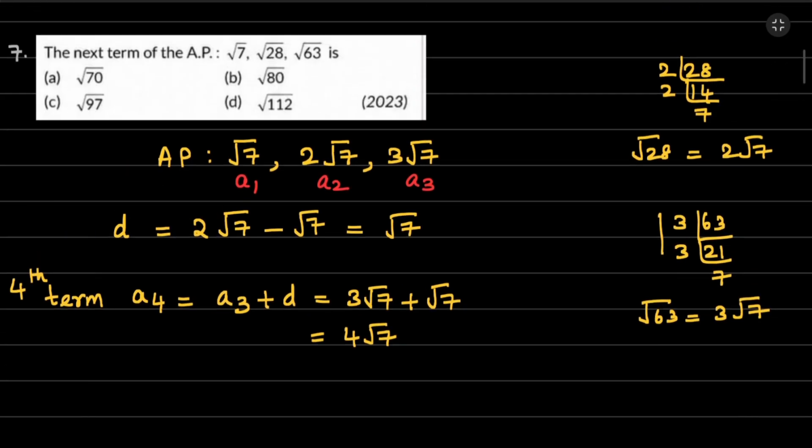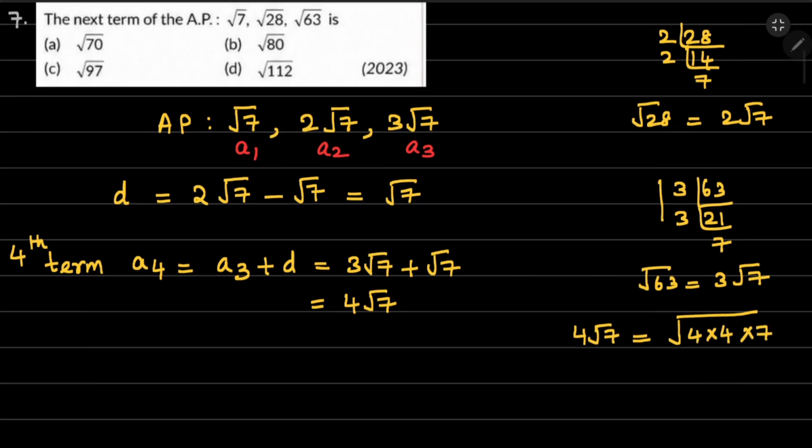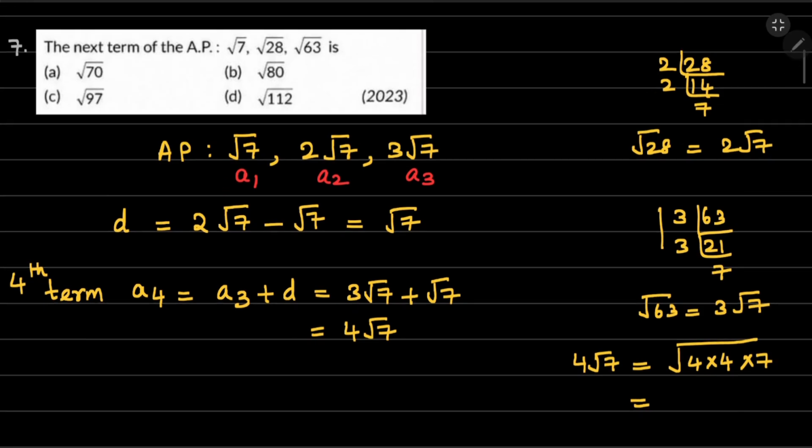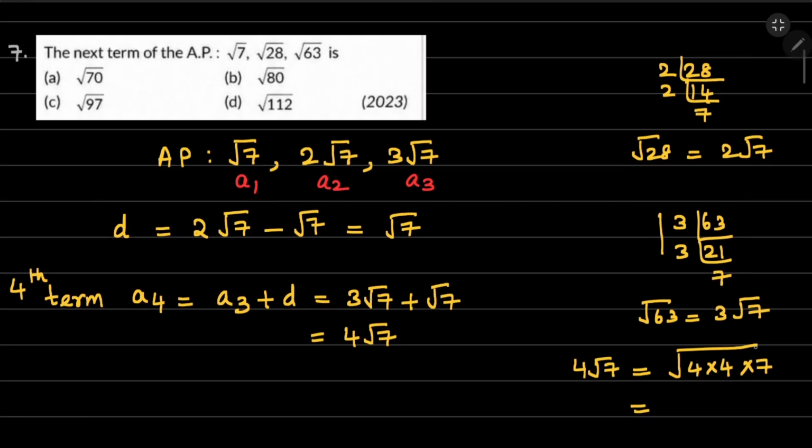So just like you did here, root 63 is equal to 3 root 7. This is nothing but the root of 3 into 3 into 7. Similarly, you can write 4 root 7 as, within the square root, 4 square, 4 into 4 multiplied by 7, because you don't have any of the options in terms of root 7.